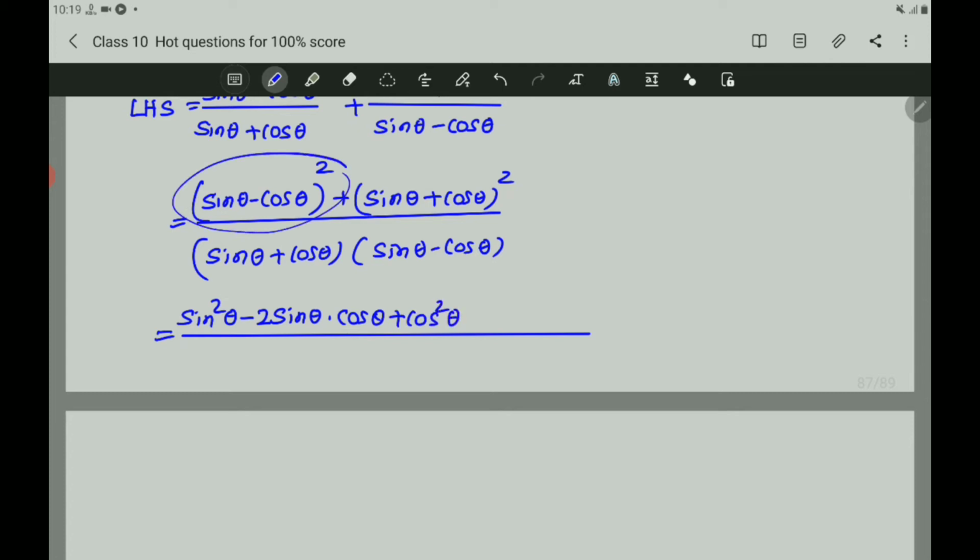So the expansion of this is sin square theta minus 2 sin theta cos theta plus cos square theta. Now you write the expansion of this by using the identity a plus b the whole square, which is a square plus 2ab plus b square, that is sin square theta plus 2 sin theta cos theta plus cos square theta.